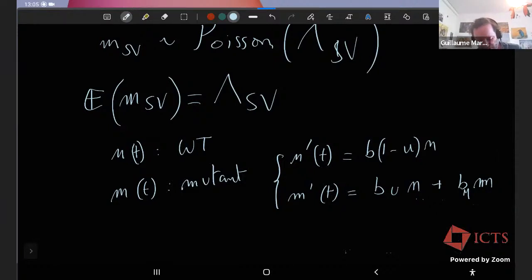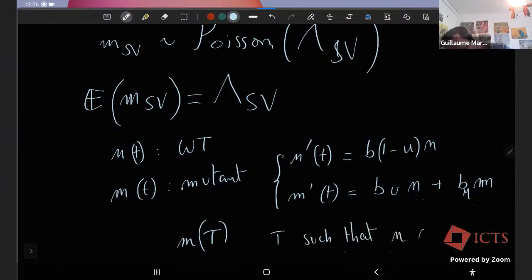Okay, and from that, you can solve for this and compute the total amount of guys you have at some endpoint. And this endpoint is T such that N has grown from an initial size to a final N0.